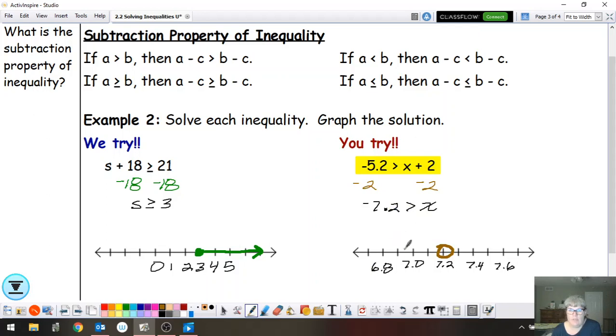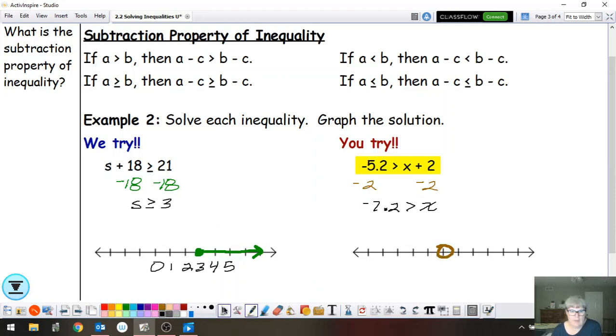And I just realized this is negative 7.2, and I numbered my number line as if it were positive. So I need to redo my number line because that's not the way it would be numbered if it is negative.